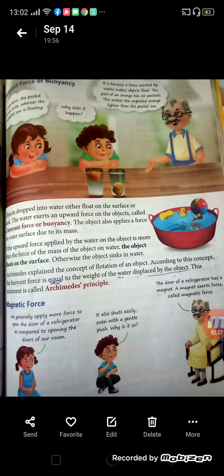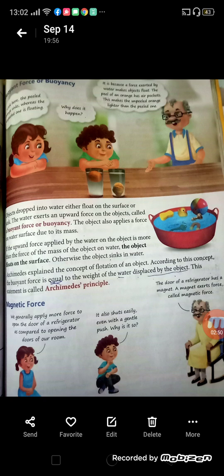Can you think why one will float and the other will sink? Yes, because in the peel of the orange, pores are there, and in the pores air is filled. That is why it will float on the surface of water.